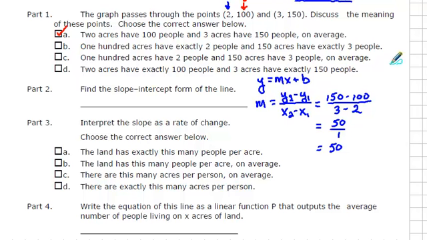In order to find the y-intercept of the line, what we can do is substitute the slope 50 into the equation along with the coordinates of one of our 2 points. If we use the first point, we could substitute 2 for x and 100 for y. So let's go ahead and do that. For y, we'll substitute 100.